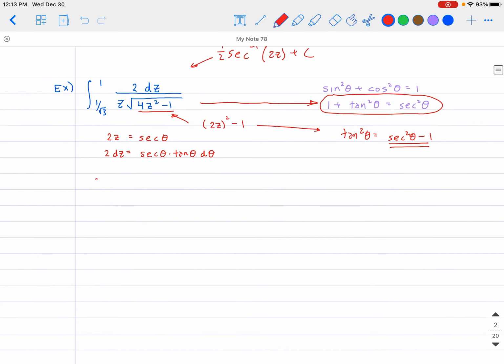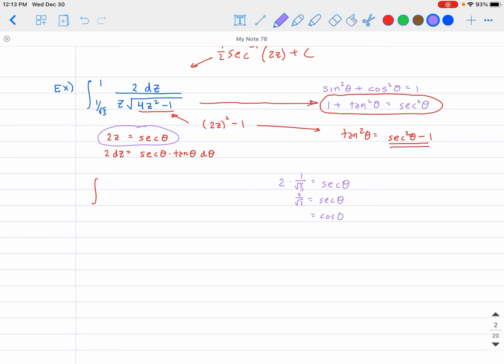Okay, now we're going to go back to my original equation. Let's go ahead and change the boundary, because remember, this is in terms of theta. So let's see. In the first part, let me go ahead and write on the side my 1 over root 3, and keep in mind, we're going to be looking at this guy over here, multiplied by 2 is equal to secant of theta. So that means that we have 2 over root 3 is equal to secant of theta.